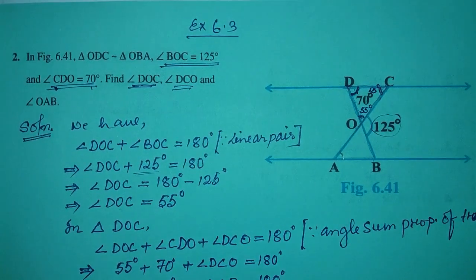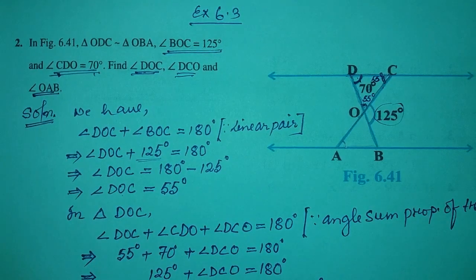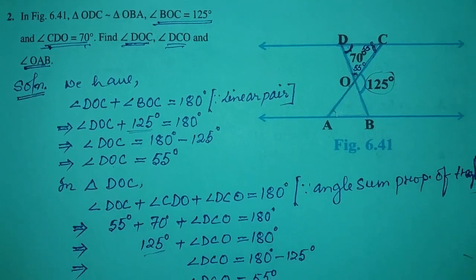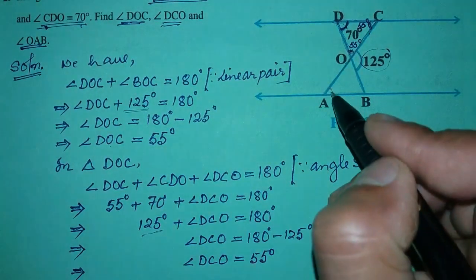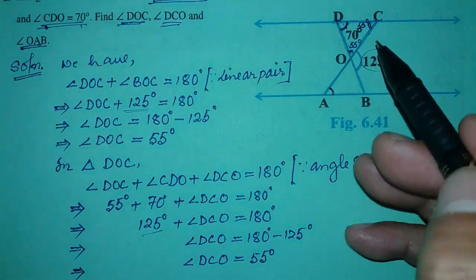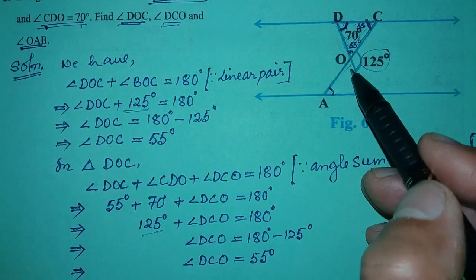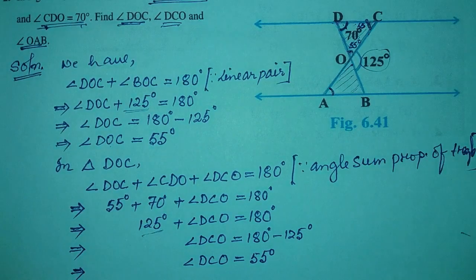Now we have one more angle to be found out. This is the angle OAB, here. To find this, we will use the properties of similarity. The question says these two triangles are similar.